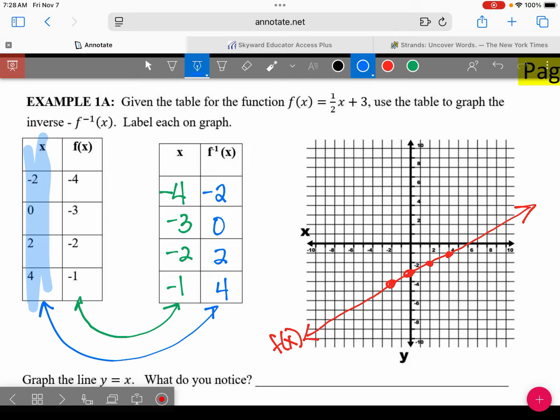So -4, I'm going to go left 4, down 2, put a point. And then -3, put a point. And then -2, up 2, put a point. And -1, up 4, put a point. And then you want to graph that. And label it. Put the little -1 next to f.